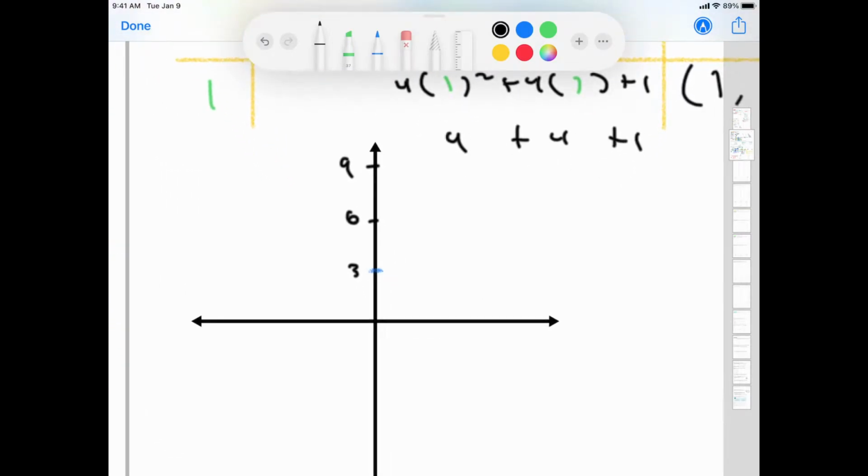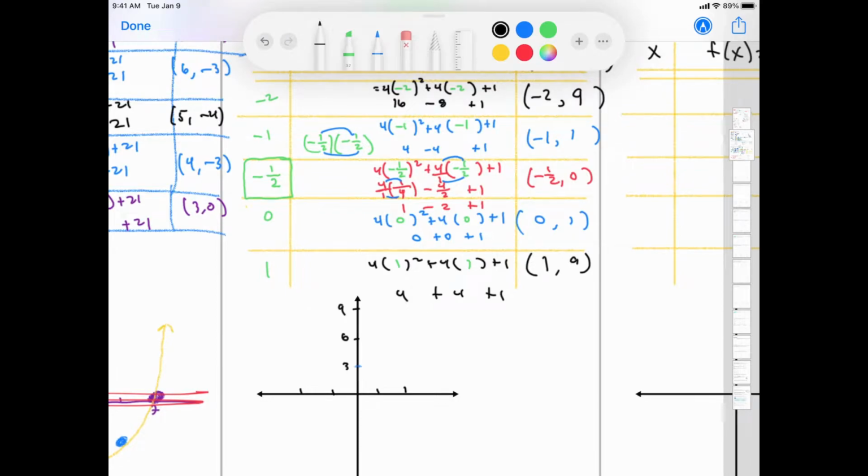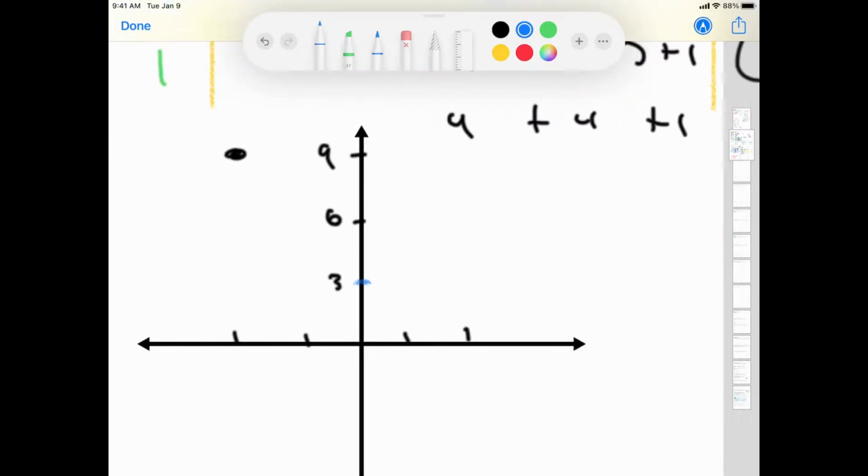So say this is 1, -2, 1, 2, and I know my problem. Okay, -2, 9, so left 2, up 9. That's this one up here. Negative 1, 1, left 1, up 1. Now pay attention. That's like 2, this is 1, so it'll be like that.